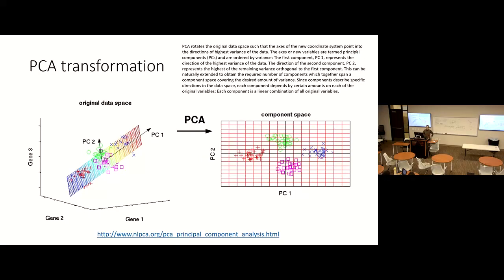This is like a three-genes example. You have samples in a 3D space, and these genes gave you those samples. Then you find the first PC and the second PC, and reduce the dimension.